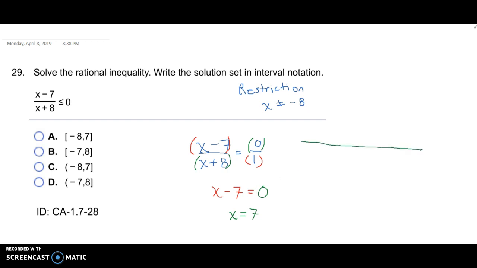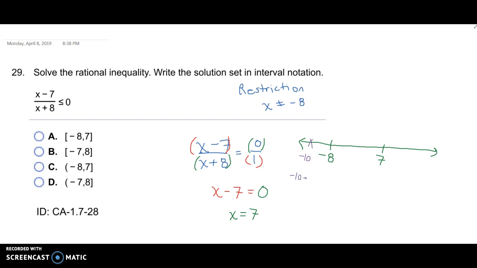So on the number line, sorry, that was a rough line, we're going to have the restriction negative 8 and the answer 7. We're going to pick test points. I'm going to pick a point less than negative 8, which would be negative 10.